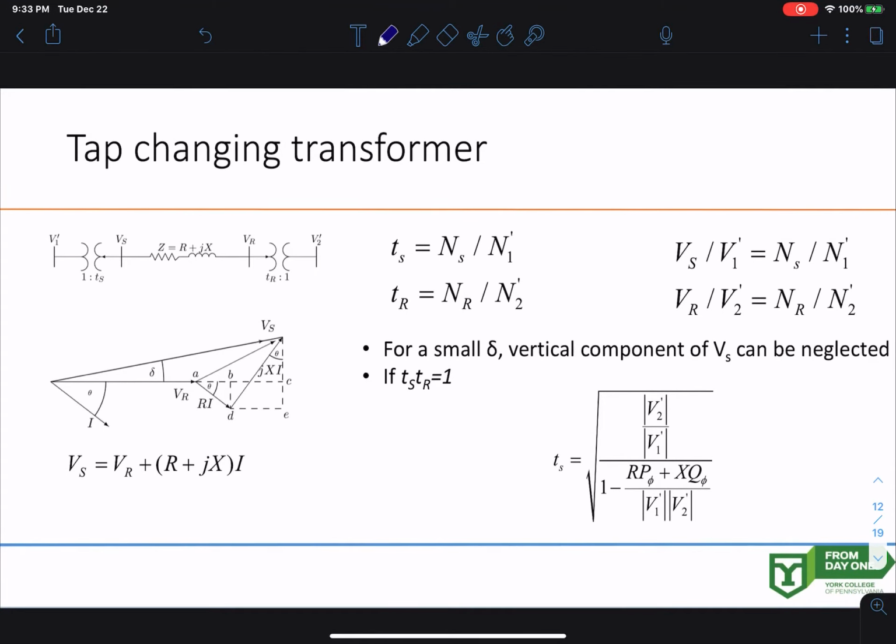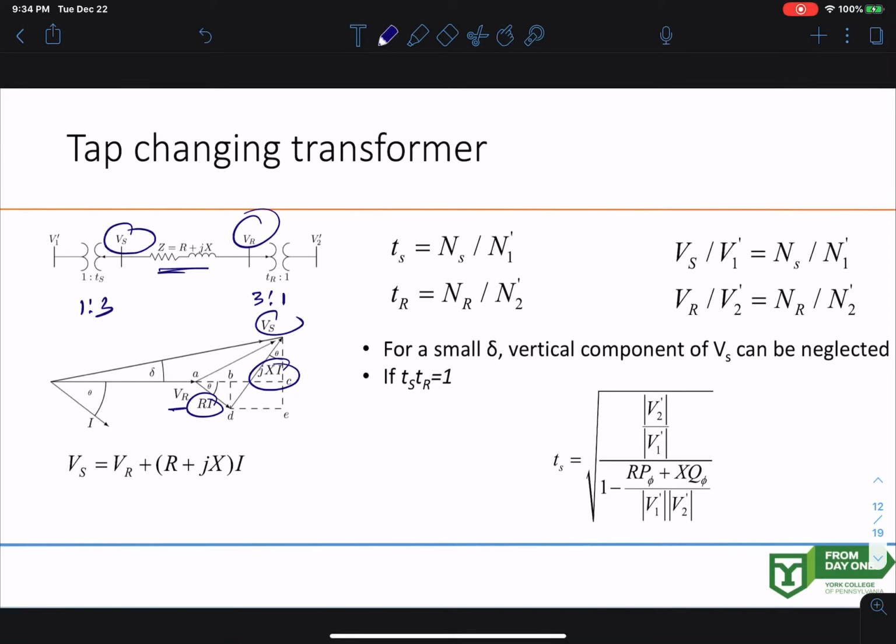So for tap changing, let's say for this one, this is a 1:3 ratio, and this is a 3:1 ratio. Then let's say your VR is right here. Then you add the losses in two components here, as we discussed before, and then you have the VS right here.